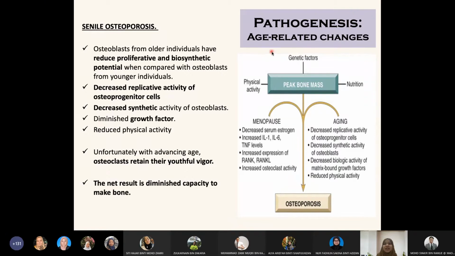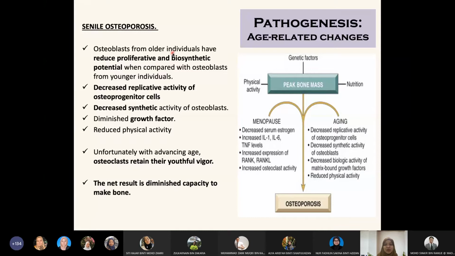How does age influence osteoporosis? Age-related changes will cause senile osteoporosis, which occurs in the elderly. The role of osteoblast is bone formation.